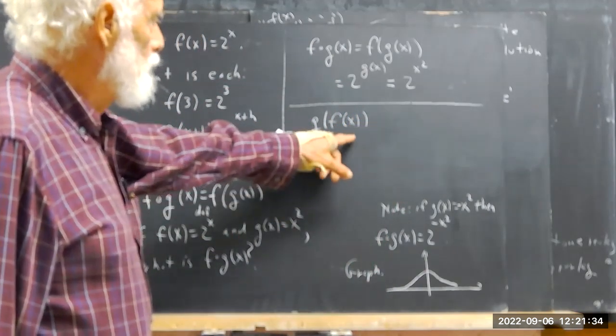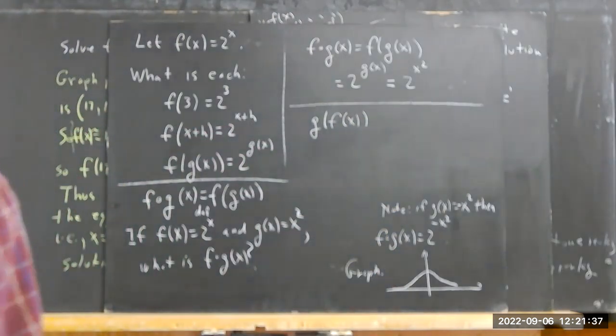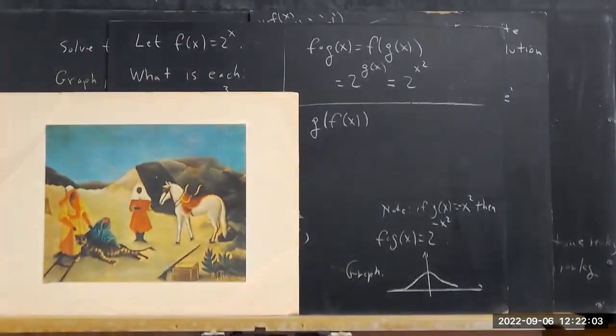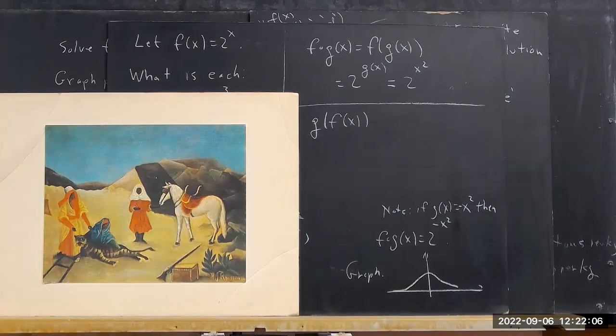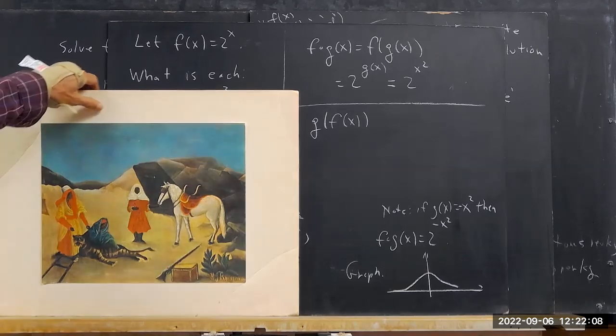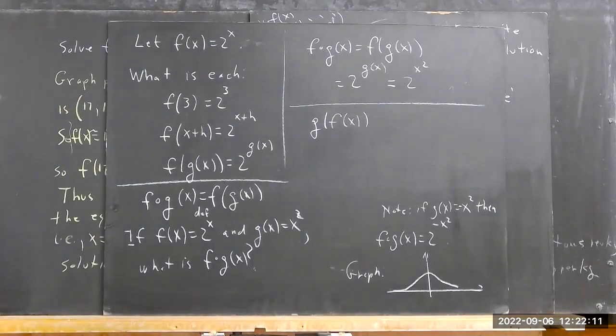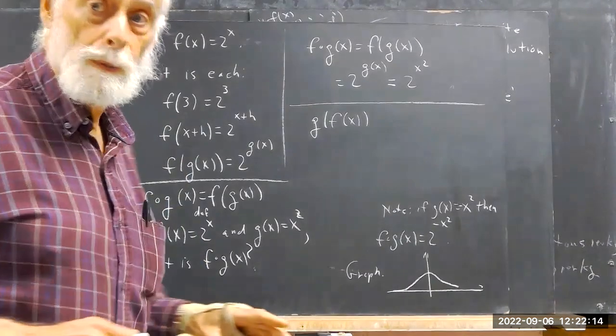Now, real quick, see if you can do this. What could you write out for g of f of x? See if you can write this out quickly. Since we're actually out of time, I'm going to give just a short time, then I'll write it out for you. I'm not going to look at what you did, but I wanted you to think about it for a minute.